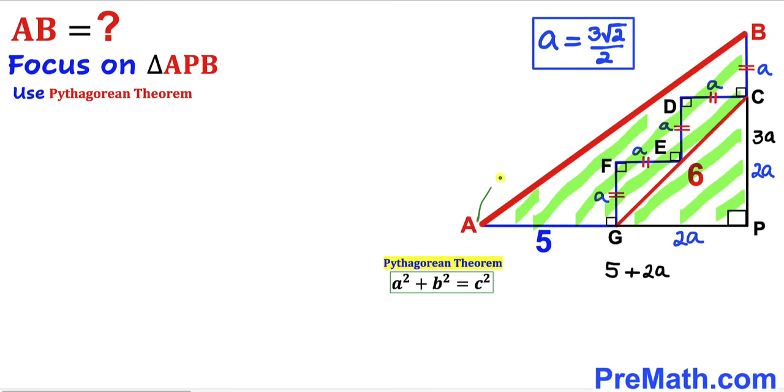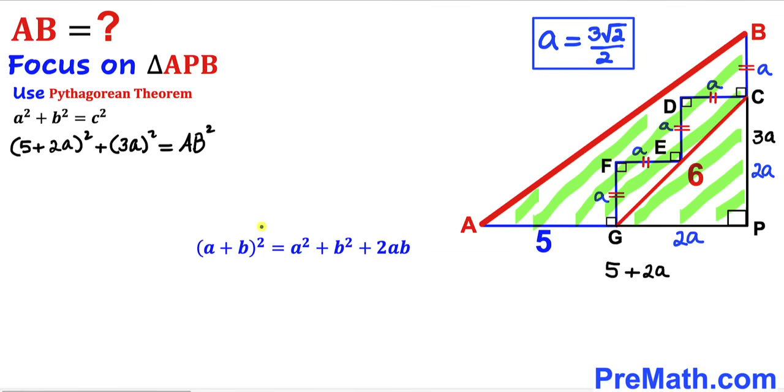In our case, this side AB is our hypotenuse, whereas our two other legs are 5 plus 2a and 3a. So (5 plus 2a) whole squared plus (3a) whole squared equals AB squared.